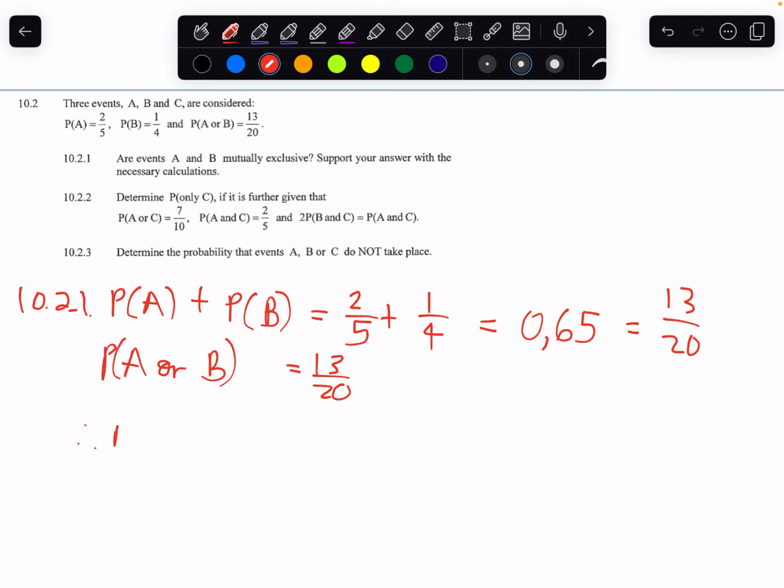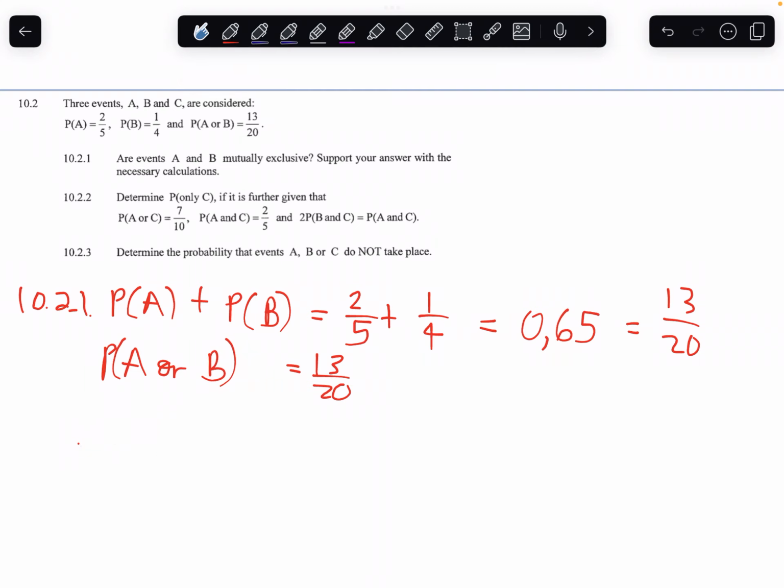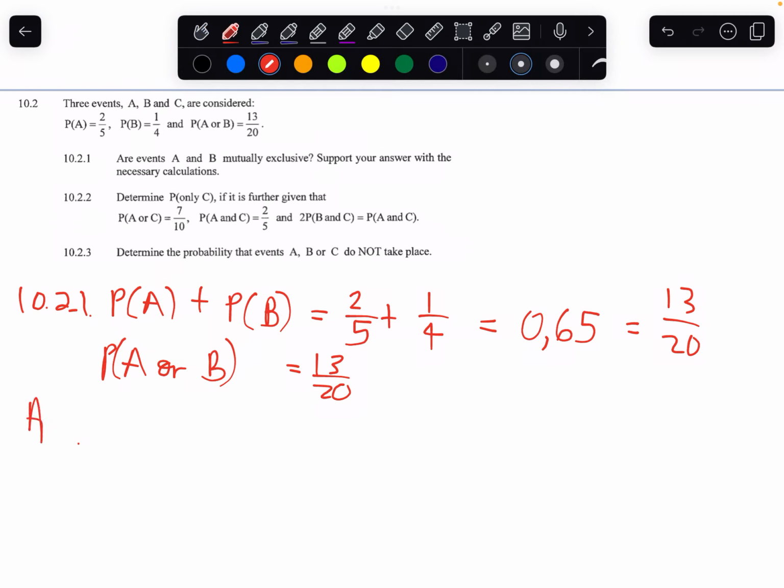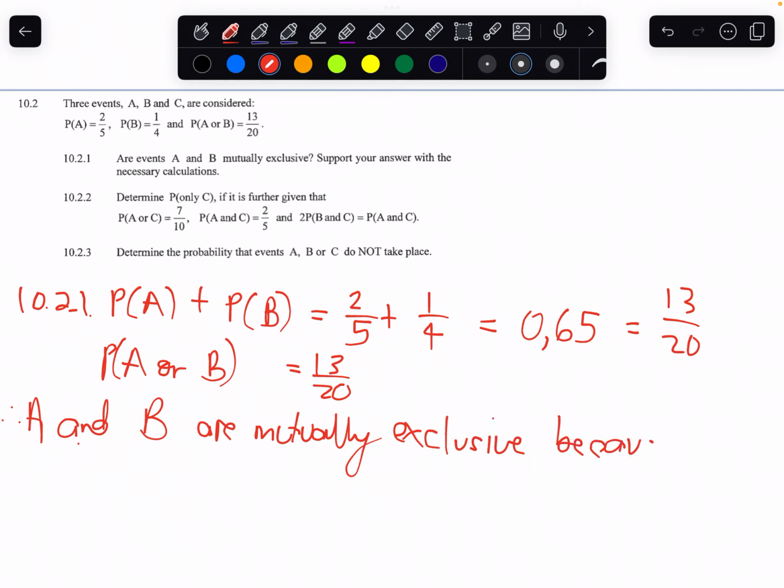So therefore, A and B are mutually exclusive because the probability of A plus the probability of B happening is equal to the probability of A or B happening.